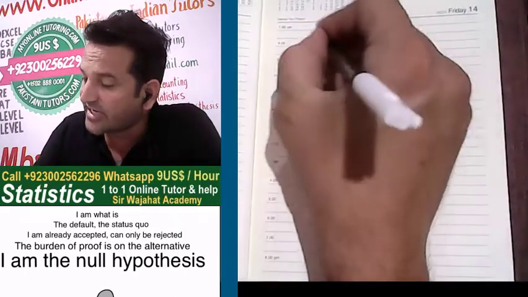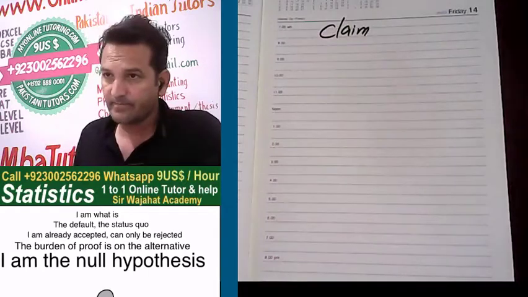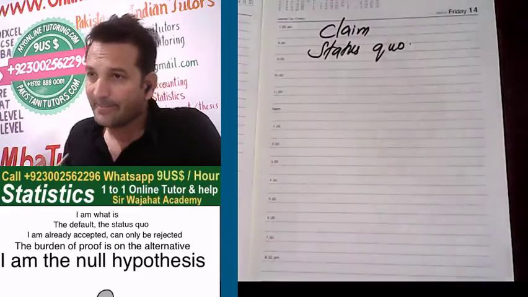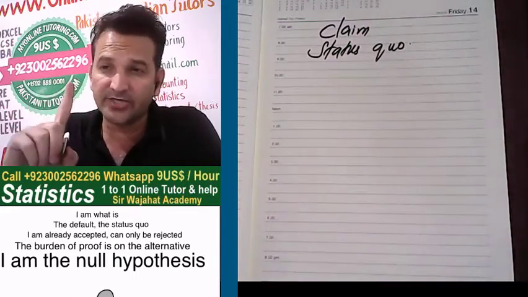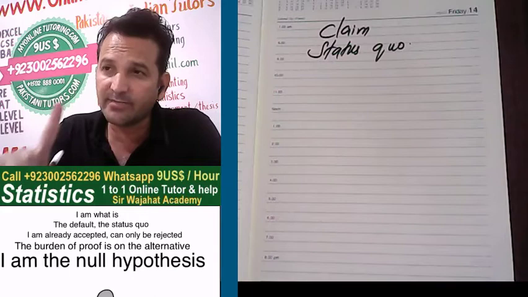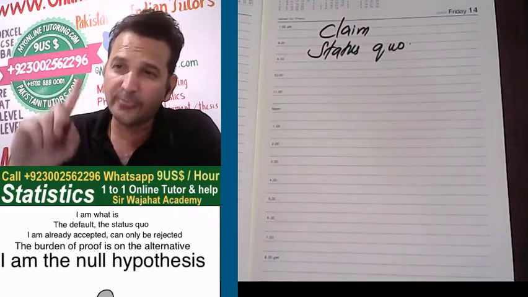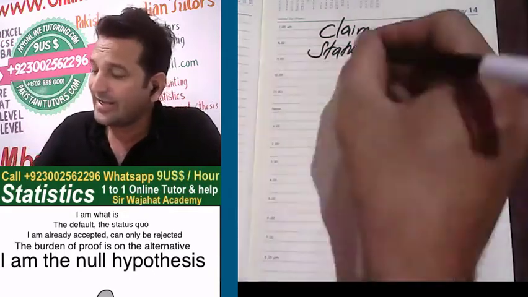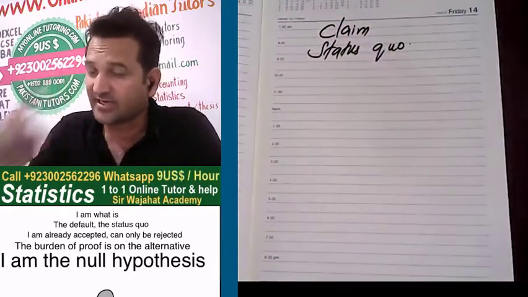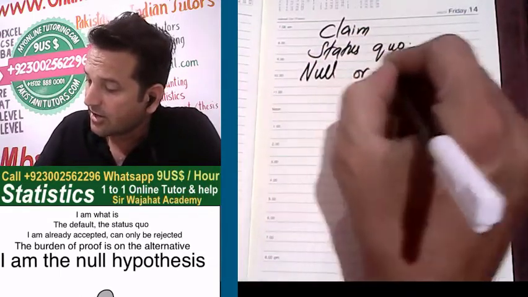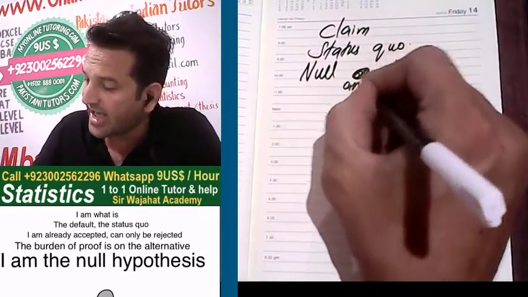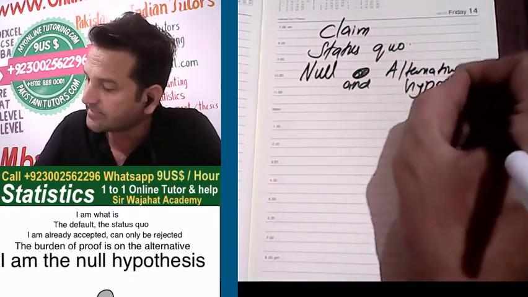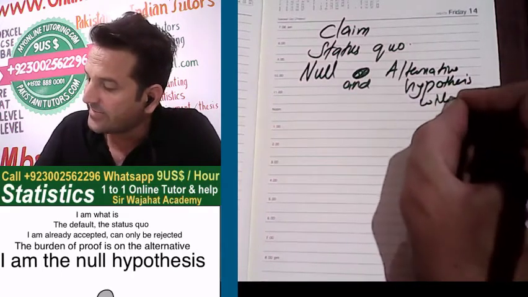Whatever the claim is, whatever the status quo is, mainly the statement about the population, whatever statement is already accepted about the population, about machinery, about anything, the null and alternative hypothesis will be developed on the basis of that.